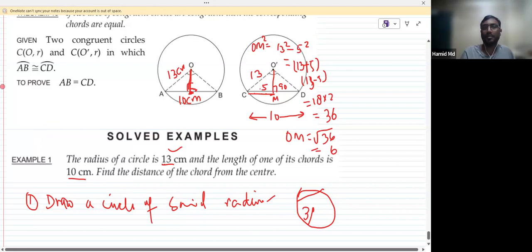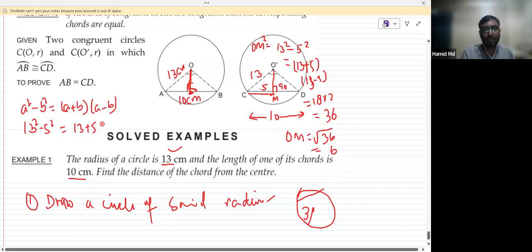See, a square minus b square is a plus b into a minus b. So it is 13 square minus 5 square, right? So one factor is 13 plus 5 and another is 13 minus 5.